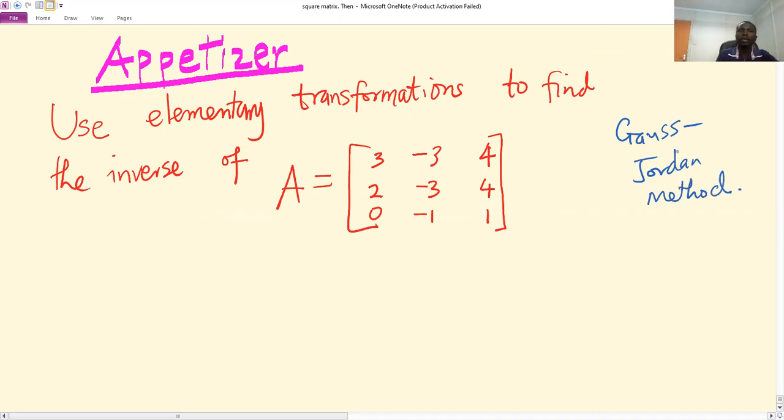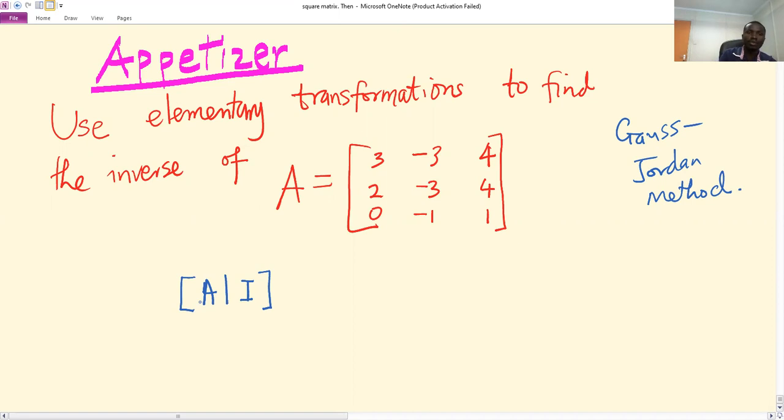Now, what you do, you rewrite the matrix in the form A I. So you may separate this by a straight line or a dotted line.